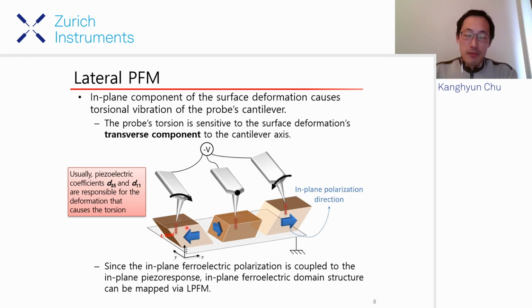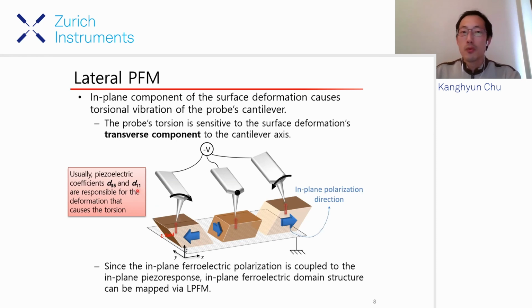This kind of in-plane piezo response can give you the in-plane domain image of the ferroelectric or piezoelectric sample. In that case, the piezoelectric coefficient d35 or d11 is most responsible for such in-plane motion. That means if I apply the electric field along the surface normal direction, then the shear motion across the sample generates the in-plane displacement.